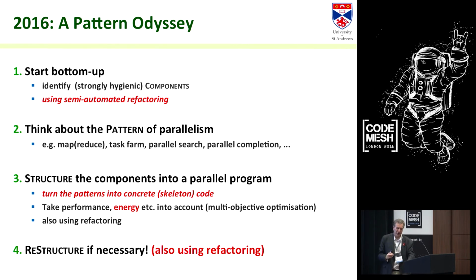If you have two components and they share a variable, that's pretty uncool. Because now you've got to work out what are the possible execution orders between these, because you can't simply plug them together in arbitrary orders. There's a dependency there. Okay? So when I say strongly hygienic, what I mean is the components shouldn't interact in ways that are not clear, because then I can't detect the dependencies.